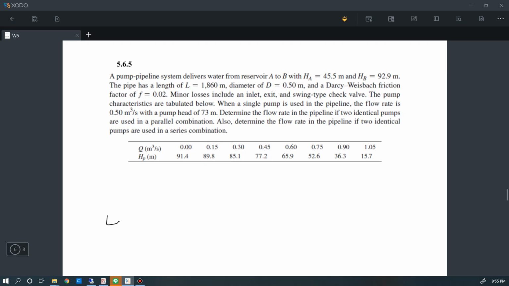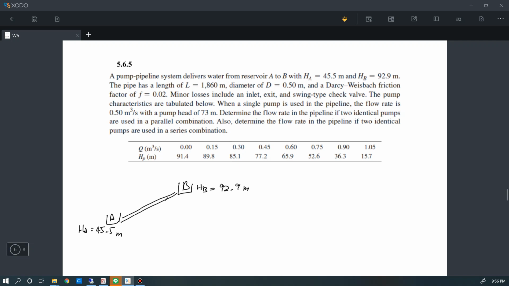Again, we want to deliver the water from reservoir A to reservoir B. The elevation for reservoir A is equal to 45.5, for reservoir B is 92.9 meter.